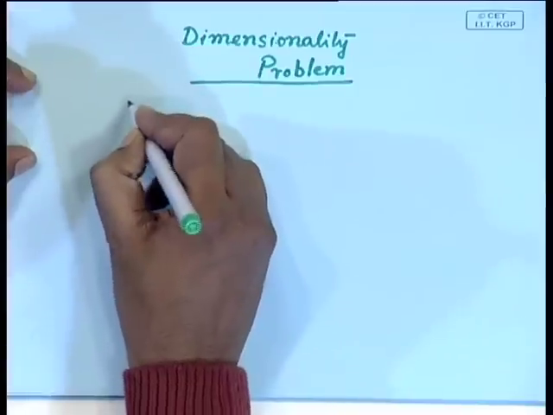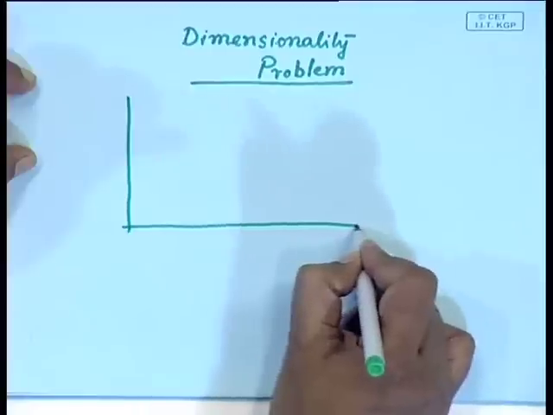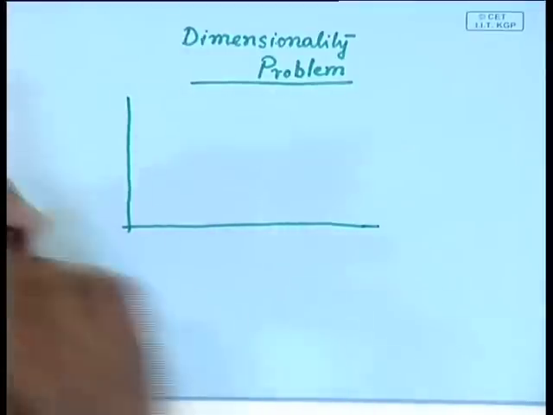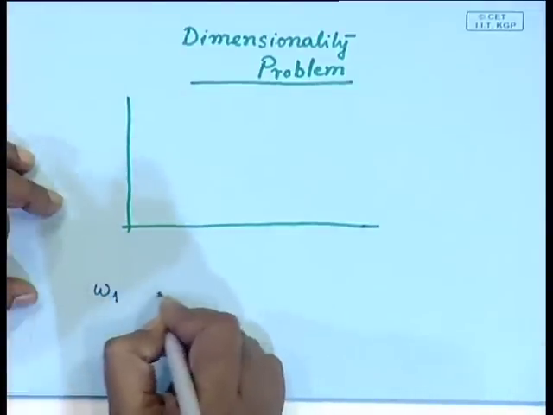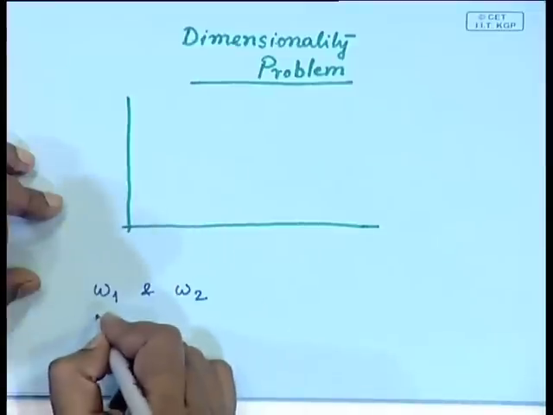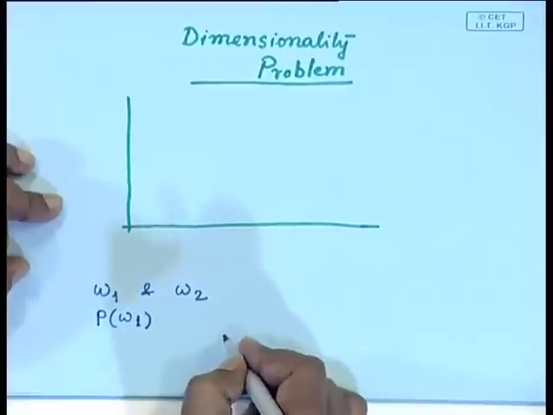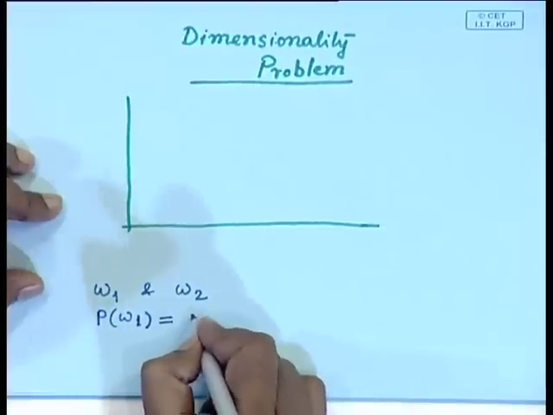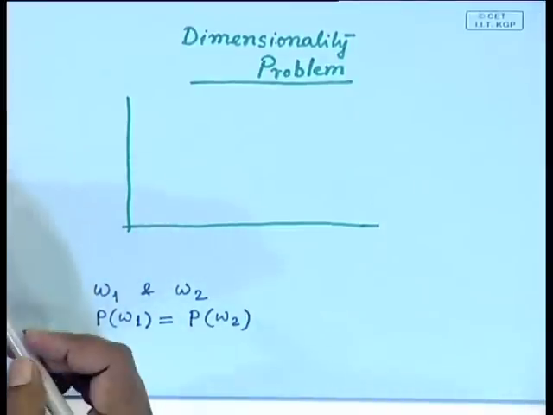Now, let us go to Bayes decision theory, or minimum error rate classification, where we said that if I know the probability density function... Let me assume that we have two classes, class omega 1 and class omega 2. I also assume that p of omega 1, the a priori probability of class omega 1, and p of omega 2, the a priori probability of class omega 2, are the same.